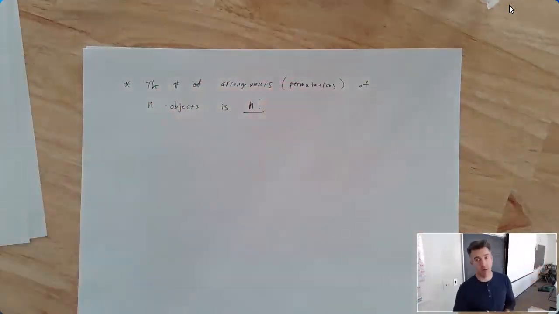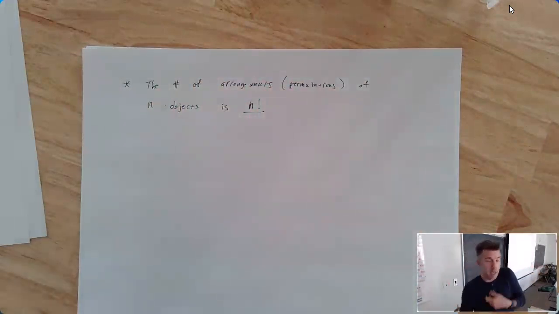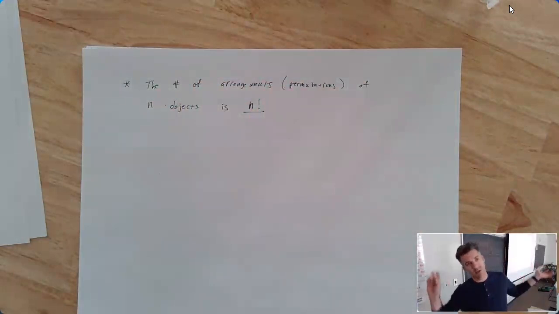Typically, we're thinking of n as a positive integer, or at least a non-negative integer. You're never trying to arrange 3.5 things or -2 things. It's always 5 things, or 6 things, or 0 things, or 10 things.